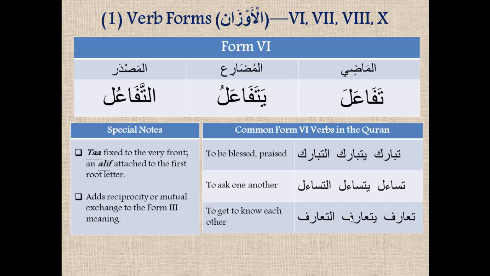Ta'arafa yata'arafu at-ta'aruf, to get to know one another or each other. So again, when we're learning these verb forms, we want to train ourselves to listen to the unique characteristics of each verb. So for form 6, that would be listening for that ta and listening for that elongation in the middle of the verb itself. Tafa'ala yatafa'alu at-tafa'ul.